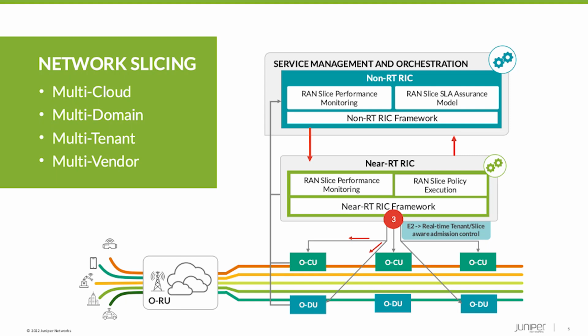Now, as part of the orchestration, you also have the non-real-time RIC constantly monitoring the SLA for each of the slices allocated. If it sees any deviation from that, it recalculates some configuration changes, slice changes, puts that policy back into the rApp, from the rApp to the xApp, and the xApp implements that. And that's how you constantly make sure you can provide an assured experience for each of the slices.